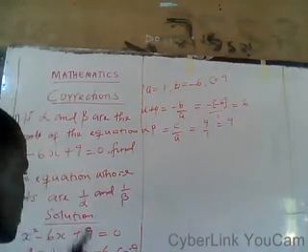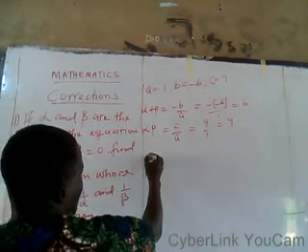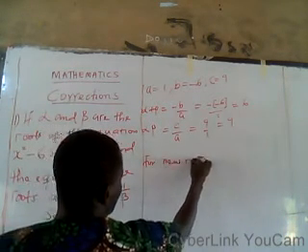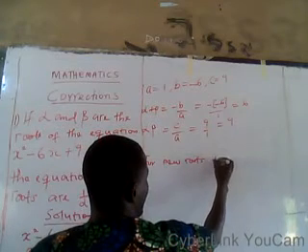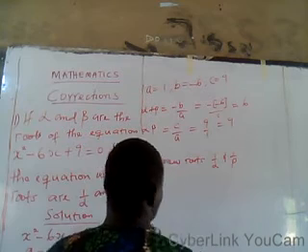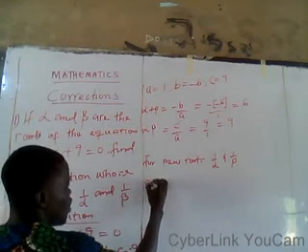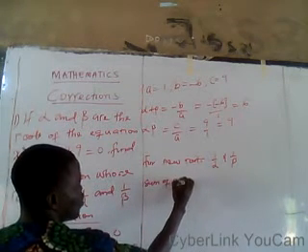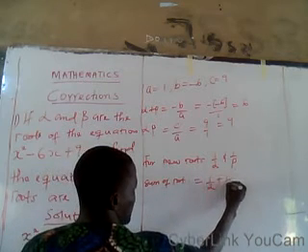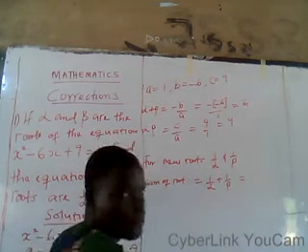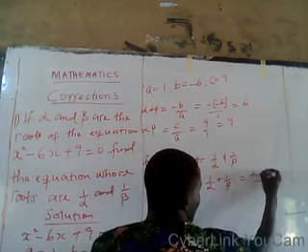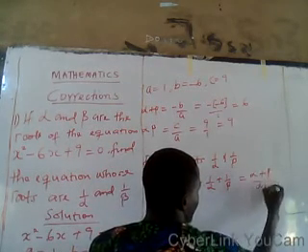So for the new roots 1 over alpha and 1 over beta, we have the sum of roots. Our sum of roots will be 1 over alpha plus 1 over beta. When you proceed, the LCM is alpha beta, so it will be alpha plus beta over alpha beta.